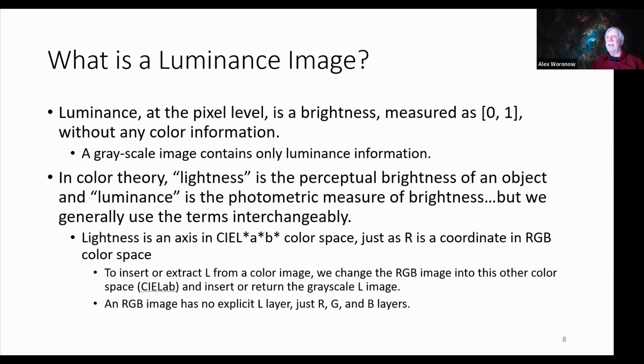Lightness is actually in a color space called CIE L*a*b*, or CIE Lab, or just the Lab color space. These are 3 axes, L, a, and b, similar to the axes in a cylindrical coordinate system.